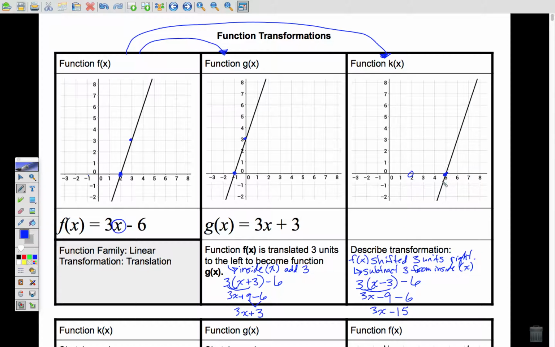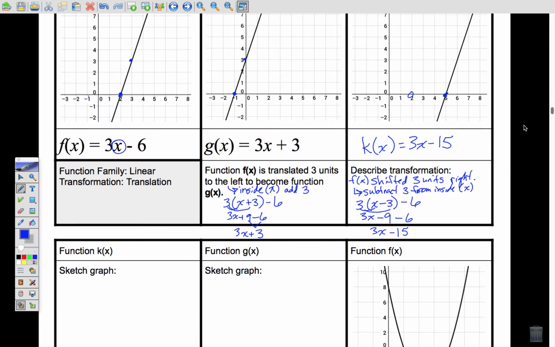And I bet if we could follow this line down, it's going to have that y-intercept all the way down here at negative 15. So the equation for k of x is 3x minus 15. All right, so let's try a couple more of these and then we will be done.